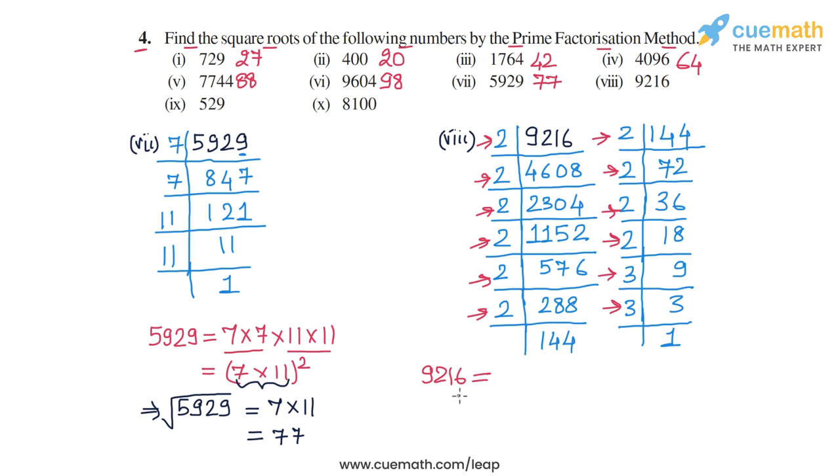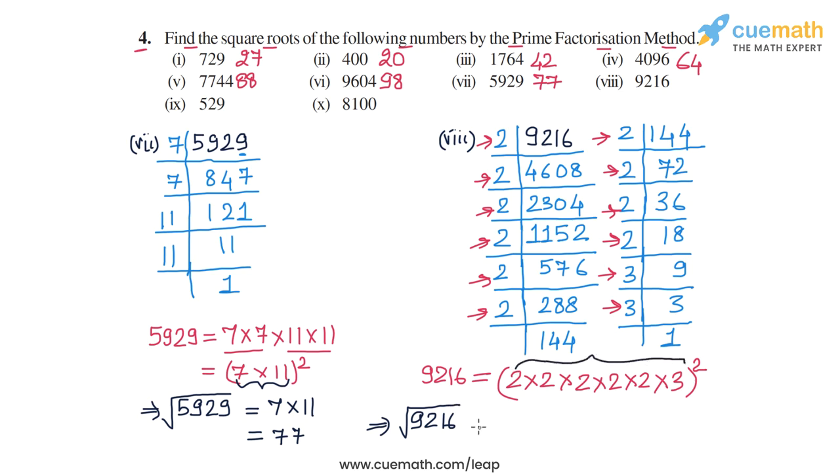So what I can do is I can write 9216 as 5 2s, take 5 2s and then take 1 3 and then put a square around this. So you will get a total of 10 2s and 2 3s. So this means that the square root of 9216 will be this product inside the bracket. So this is 2 into 2 into 2 into 2 into 2.